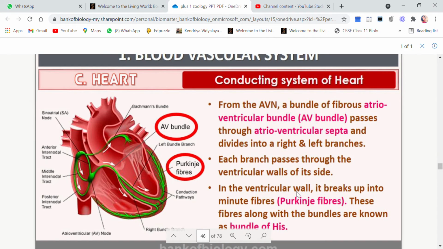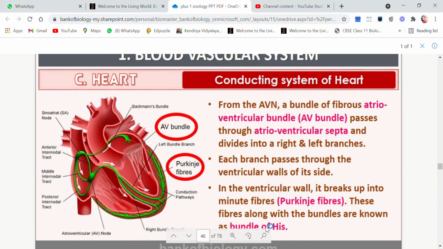Now in the ventricular wall, it breaks up into minute fibers. You can see there are so many branches coming out in the ventricular wall. These small branches are called Purkinje fibers.